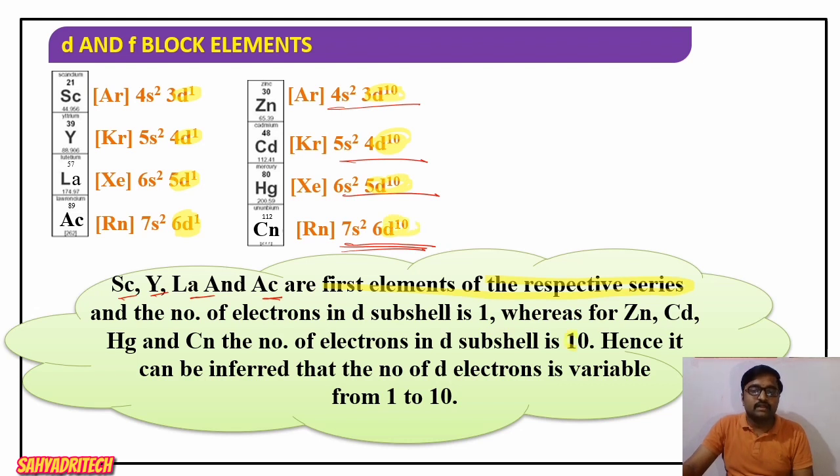There are 10 electrons. So it can be interpreted that the number of d electrons is variable, from 1 to 10. All the d block elements belong to these four series, and the number of electrons varies from 1 to 10 in the d orbital.